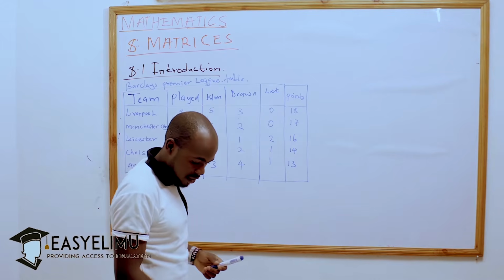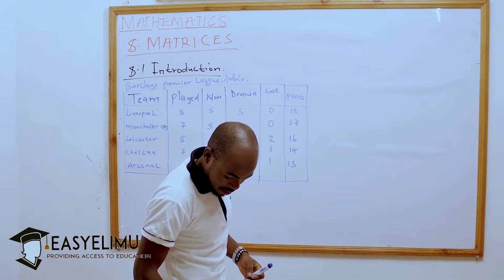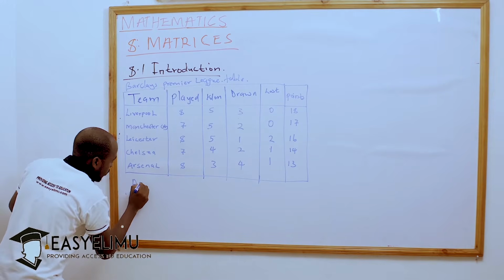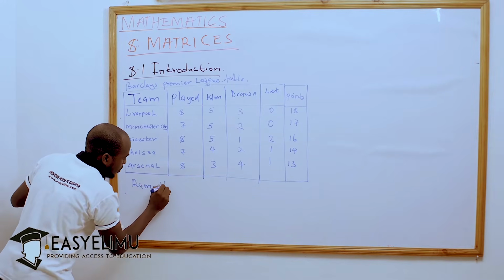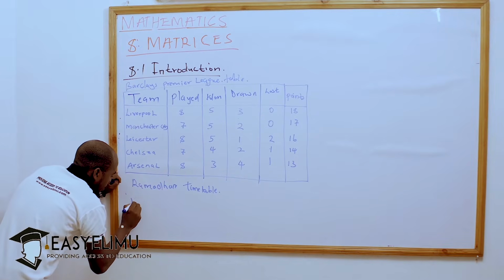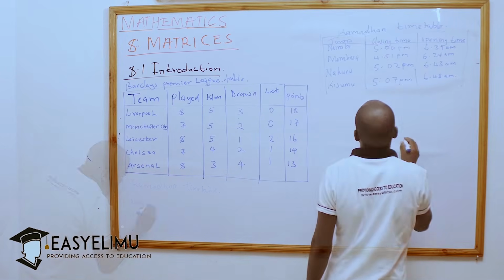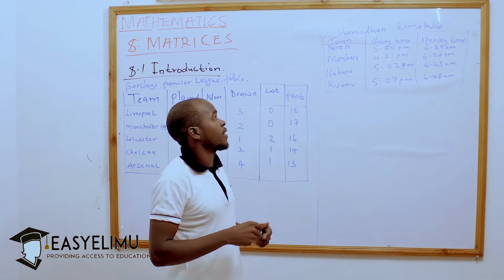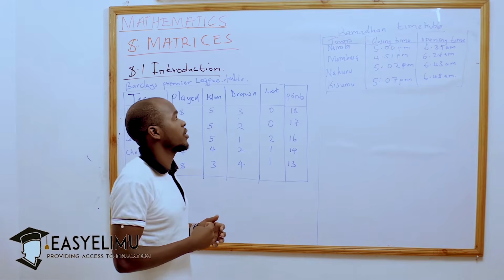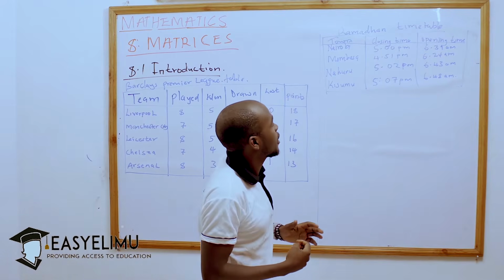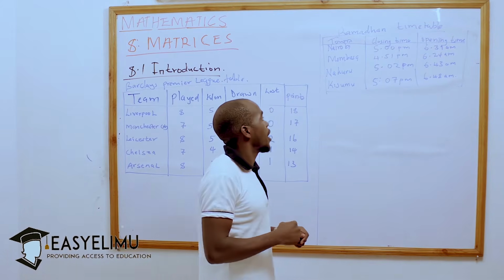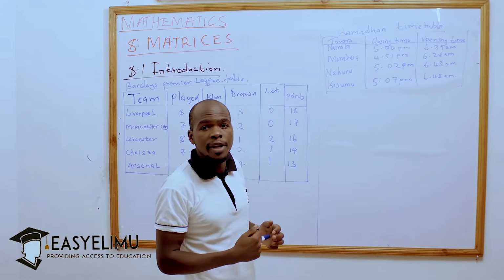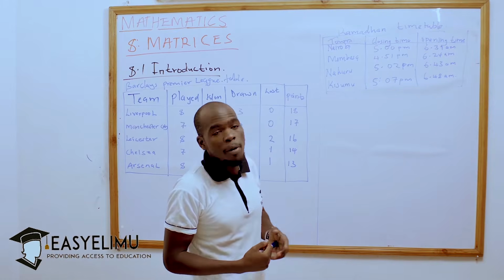Here we may start with Nairobi. This is the Ramadan timetable session for different given towns in Kenya: Nairobi, Mombasa, Nakuru, and Kisumu. And here we are given a closing time and opening time.